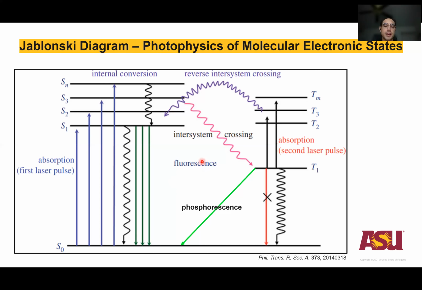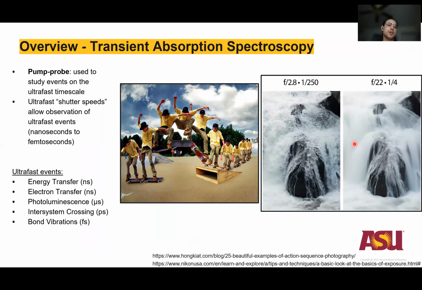In this case, this is a process known as thermally activated delayed fluorescence, which I'm not going to be talking too much about today, but it is an interesting process that's often utilized in devices like organic LEDs, etc. So that's the basics of photoinduced excitation, which is going to be an important concept for this technique. Now I'm going to jump into an overview of transient absorption spectroscopy.